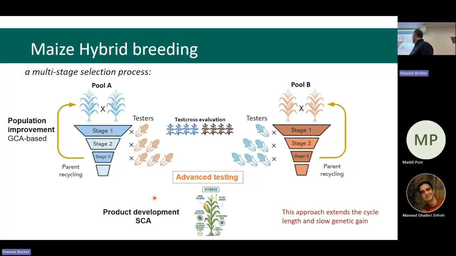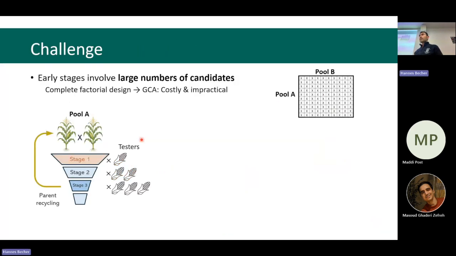You might wonder whether this multi-stage selection process extends the breeding cycle, because it takes several stages until they feel confident to recycle the parents to make new crosses. So why not recycle the parents early, in the first stage? The reason is that there are some challenges.